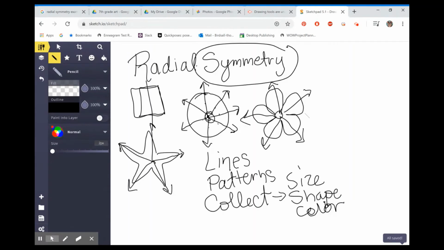Other things you're going to have to think about is how something has contrast. That means that it looks different. So you might have something red versus something green. That's complementary colors.